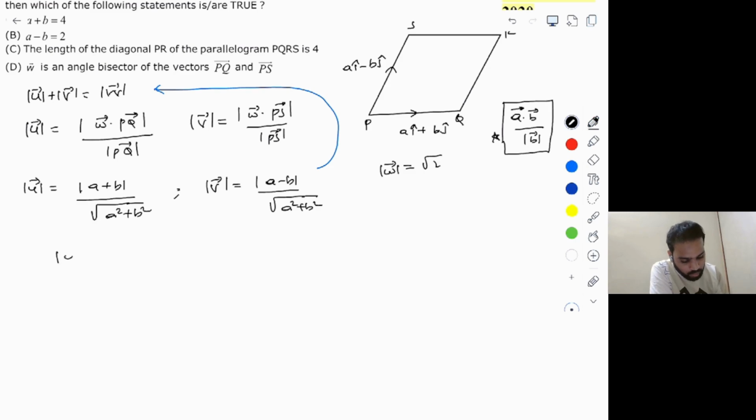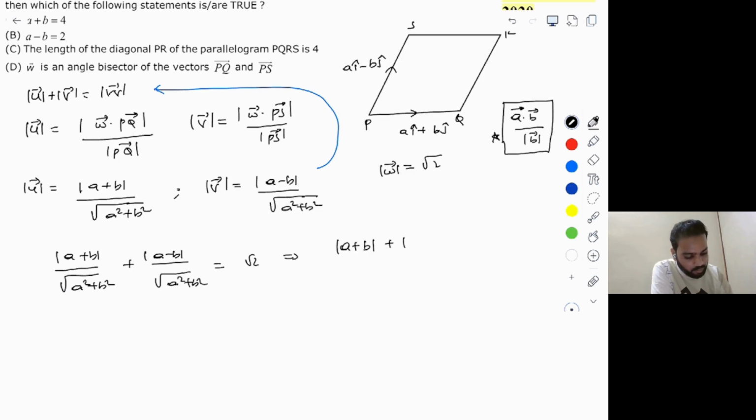From which you get modulus of A plus B divided by square root of A square plus B square plus modulus of V will be mod of A minus B divided by square root of A square plus B square is equal to, here modulus of W is square root of 2, and you can take LCM here and send that to the right hand side, and finally we get one simplified equation that mod of A plus B plus mod of A minus B is equal to square root of 2 multiplied by root over A square plus B square.